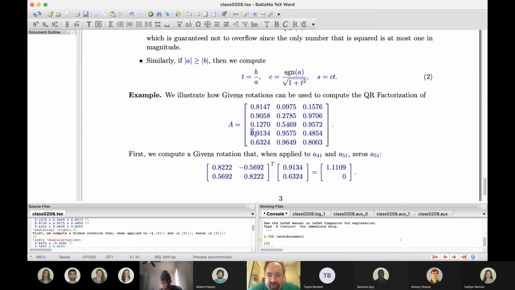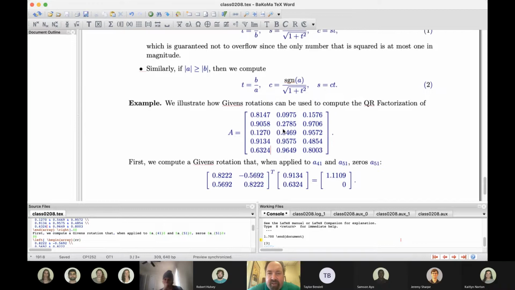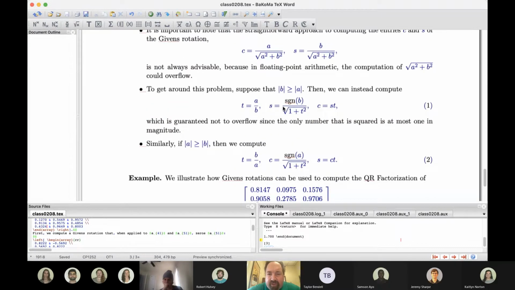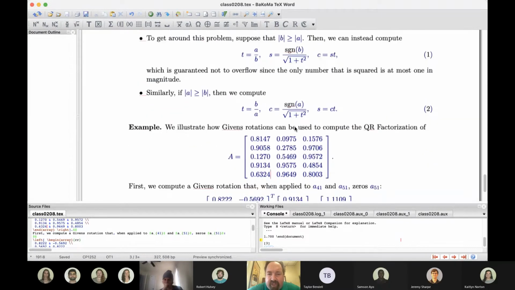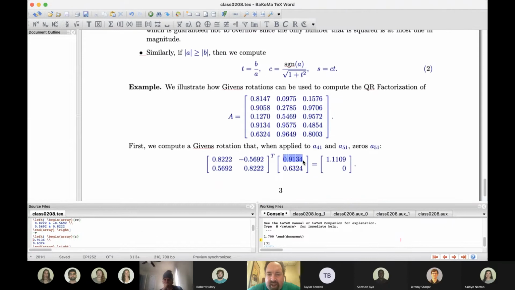So if I focus just on these 2, this is my Givens rotation, my cosine sine pair, using these formulas for the case where this is playing the role of A and this is playing the role of B, and B is the one that gets zeroed. So I figure out my cosine sine pair, and that's what will wipe out this entry in the 5-1 position.